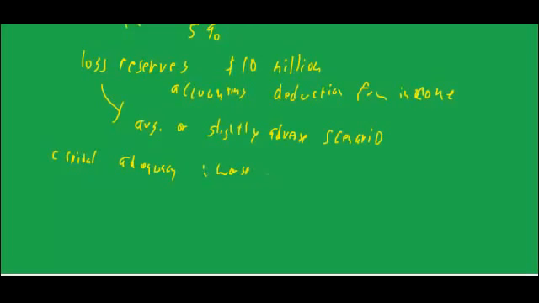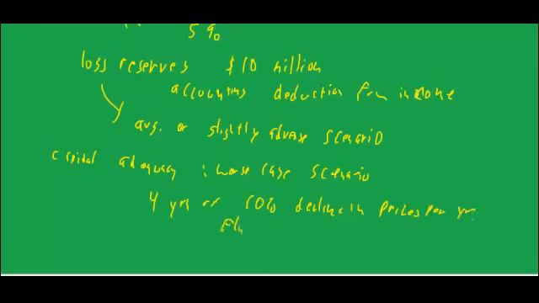So when I was first doing this at Freddie Mac, the scenario was 4 years of 10% decline in house prices each year, and then flat house prices on average for 6 more years.